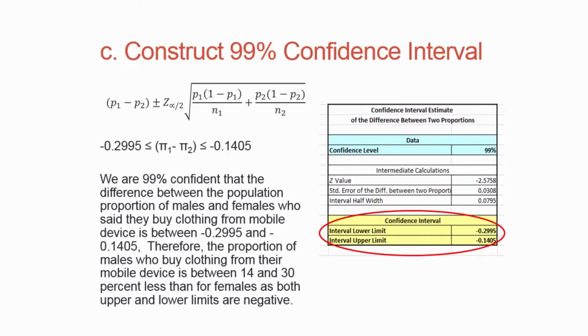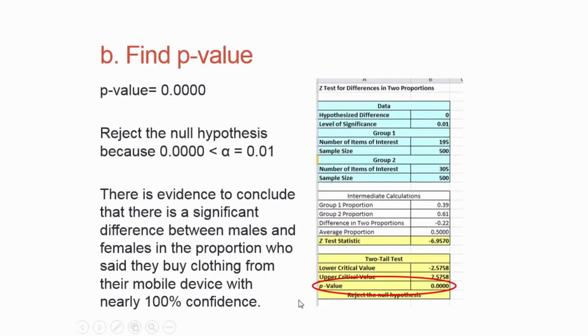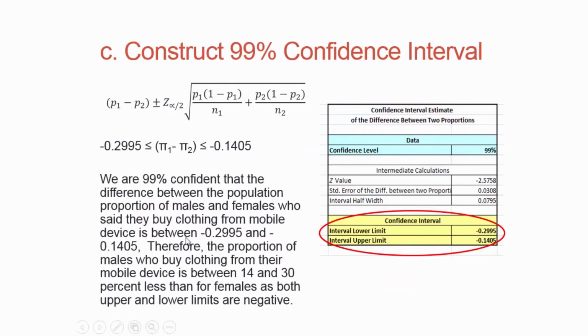Minus 0.2995 minus 0.1405, which tells me that I have, here's the way I write my answer, pi 1 minus pi 2 is between, and again I could use P1 and P2 there, which might be better just to keep me consistent. All right, minus 0.2925, that's a difference of nearly 30%, and this is a difference of 14%.